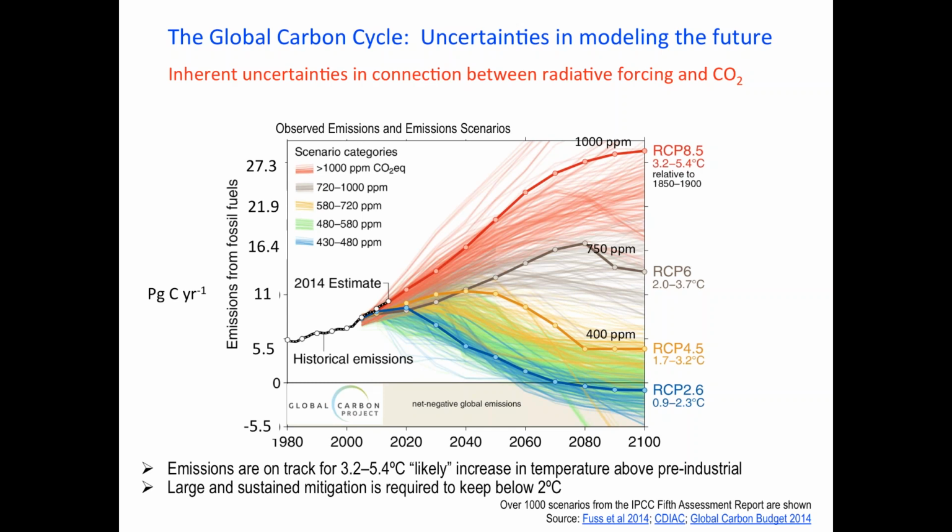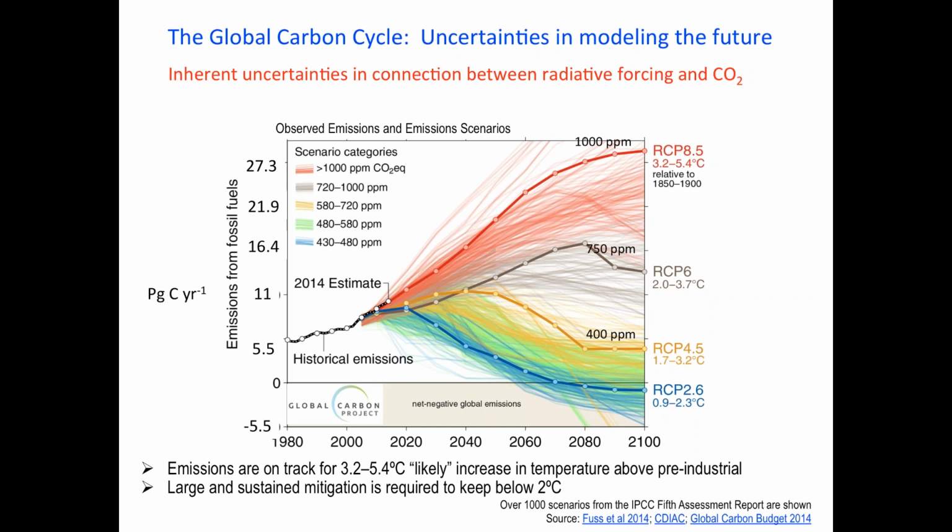But the point of this plot in the context of ocean acidification is that when we look into the future, there is a lot of uncertainty depending on what kind of model we use. The solid lines are the best guesses. All the little thin lines are different projections based on different models, and it has a lot to do with the fact that we don't really know the radiative forcing CO2 connection very well.